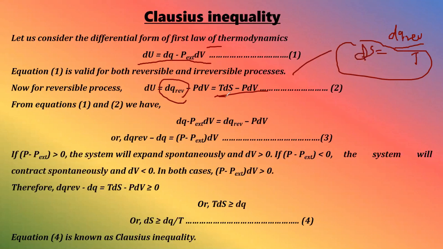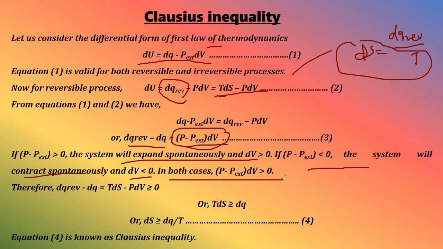Okay, now if we combine 1 and 2, we are getting dq minus p external dV is equal to dq reversible minus pdV. Now if dq is taken common, dq reversible minus dq is equal to this one. So if this particular parameter, if it is greater than 0, system will expand. If it is less than 0, system will contract.